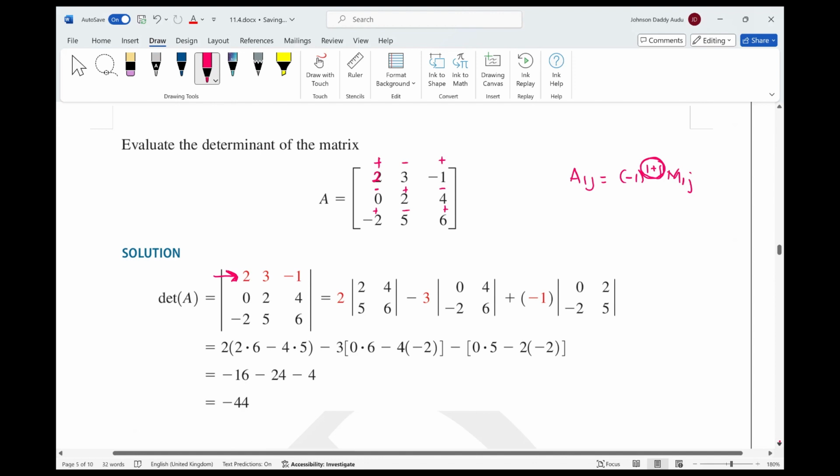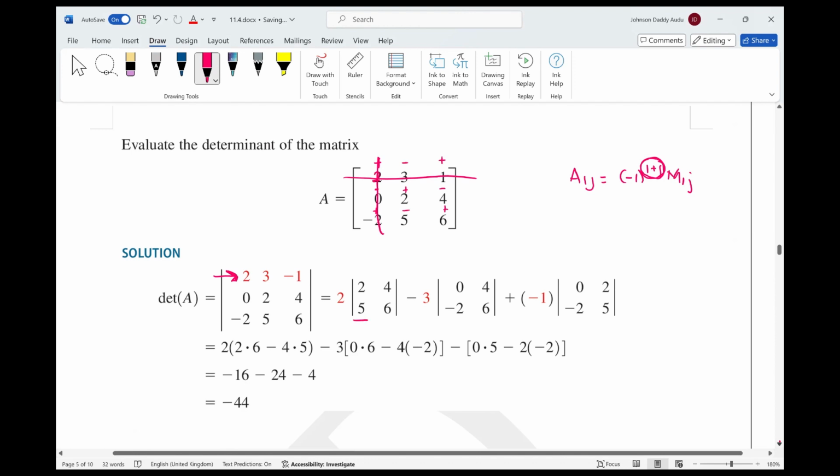Then you close the first row and the first column. So what is left now is just this one. So we're left with 2, 4, 5, and 6. So that is why we have this determinant. Then we move.